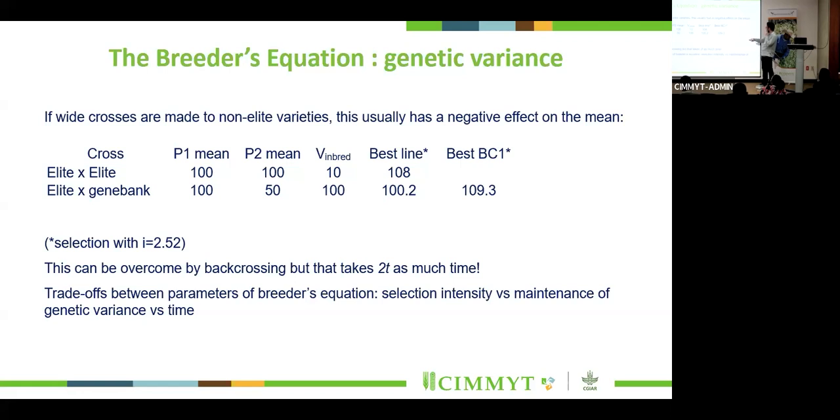We can get comparable to this. This is a selection with intensity of 2.52. But you've spent more time doing this. So you can incorporate this material, but now there's a trade-off with time when you're talking about maintaining and incorporating genetic variance and you want high variance, you've got to trade off with time to fix it, or trade off with selection intensity.